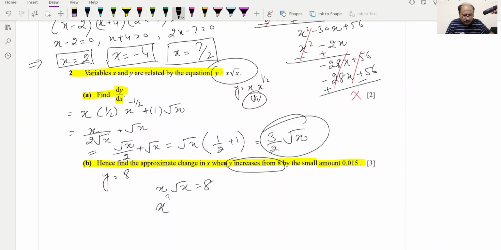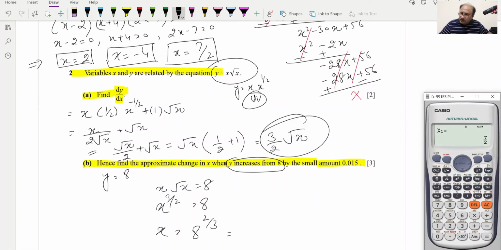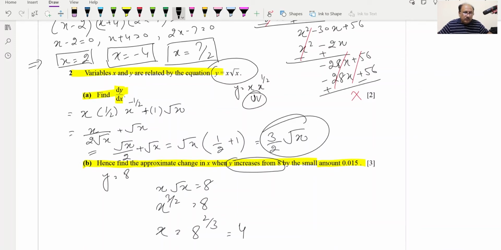So x raised to power 3 by 2 is equal to 8. This implies x is equal to 8 raised to the power 2 by 3, and 8 raised to the power 2 over 3 will be equal to 4. So x is equal to 4.